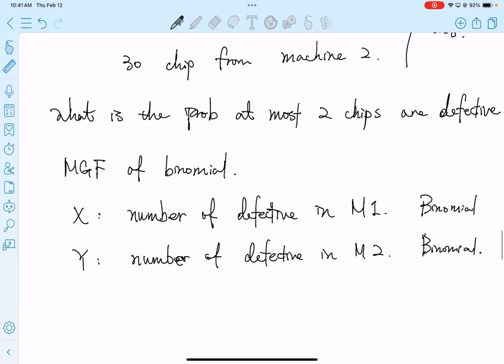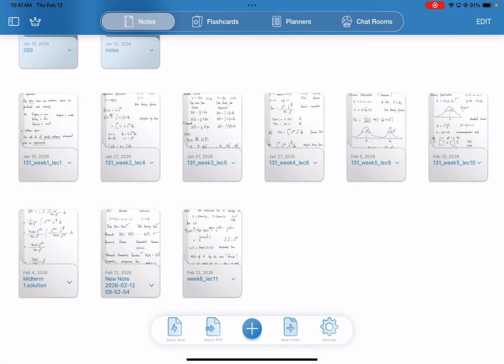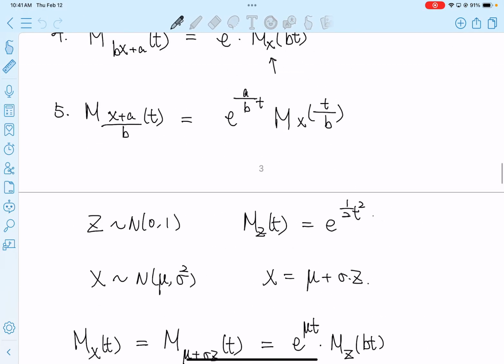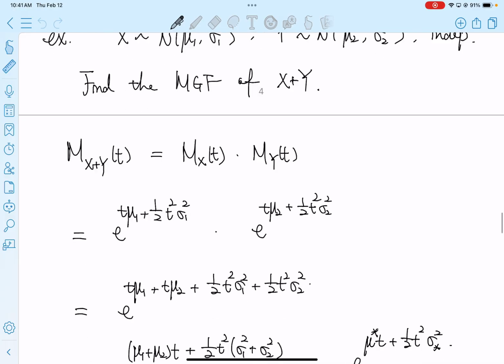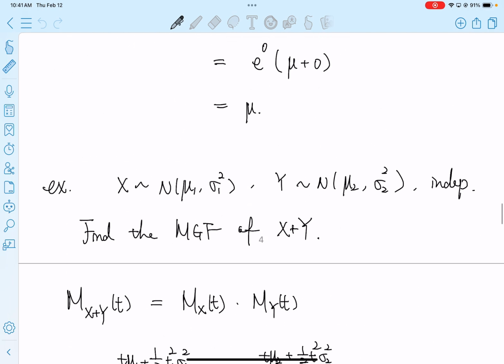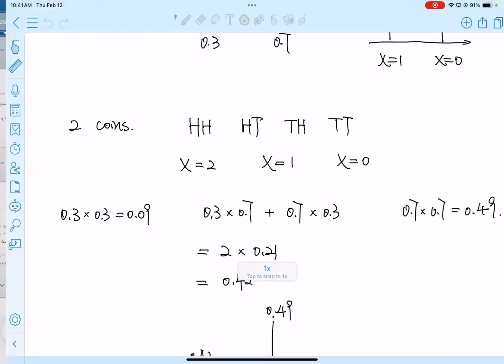Okay, so if you revisit previous notes, we derived the moment generating function of X plus Y. Maybe let me just look up, in week 10, when we introduced the properties of the moment generating function, we noticed the binomial, maybe from Tuesday.